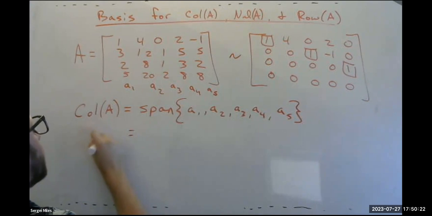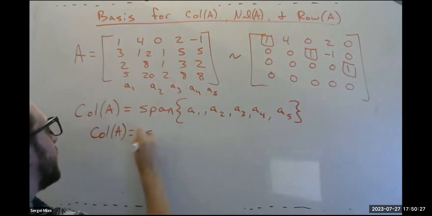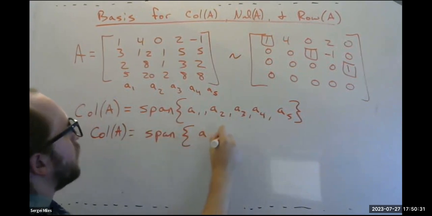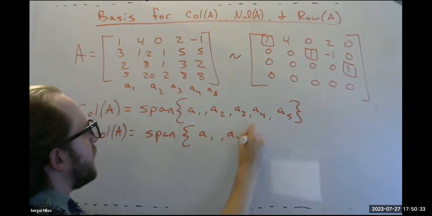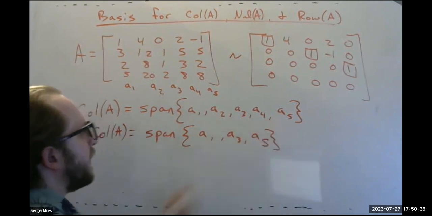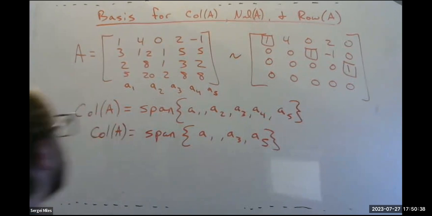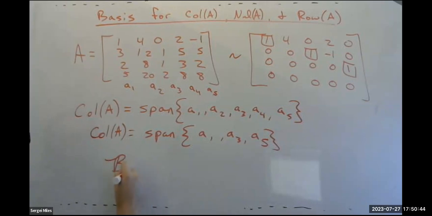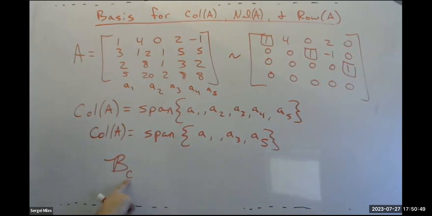So I can throw them out. And now, what's my column space? My column space is the span of A1, A3, and A5, and these are also linearly independent. So I can find a basis for my column space. So I can do basis, and we can do subscript C, C for column, right? So this is basis, subscript C. This is the basis for the column space.